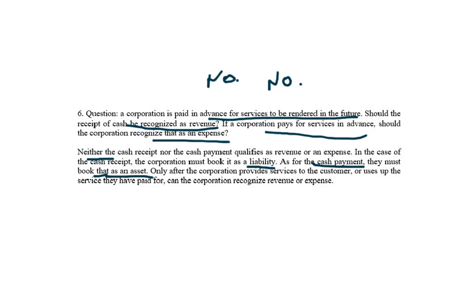Only after a corporation provides services to the customer or uses up the service they had paid for can they recognize revenue or expense. So that's always going to be a trigger. Have you earned the amount in question? Yes, then you can call it revenue. Have you incurred the amount in question? Yes, then you can call it an expense. And that idea will be elaborated further in future videos and handouts dealing with this topic.